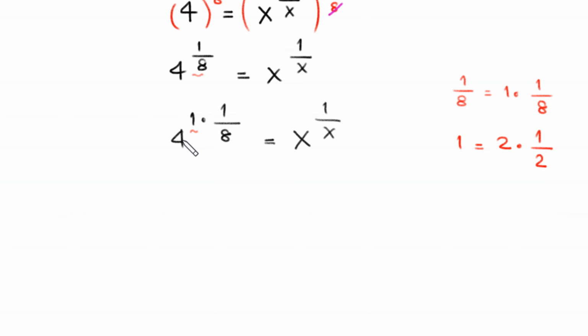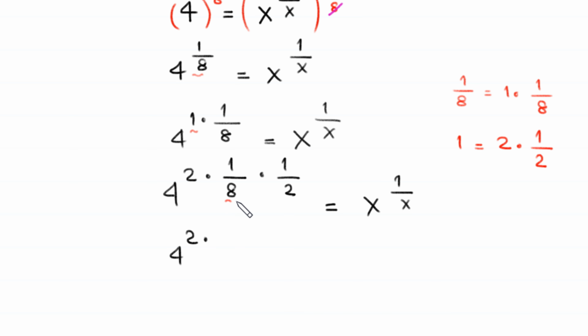So we can rewrite this expression at the left hand side as 4 to the power 2 times 1 over 8 times 1 over 2 is equal to, at right hand side we have this expression x to the power 1 over x. Next, 4 to the power 2 times this 1 over 8 times 1 over 2 will become 1 over 16 is equal to x to the power 1 over x.